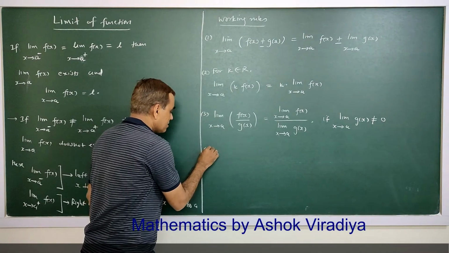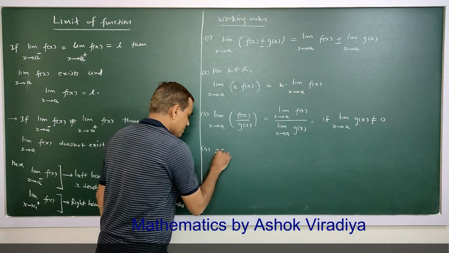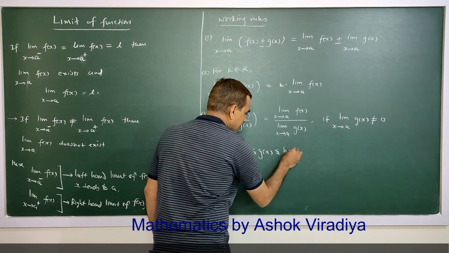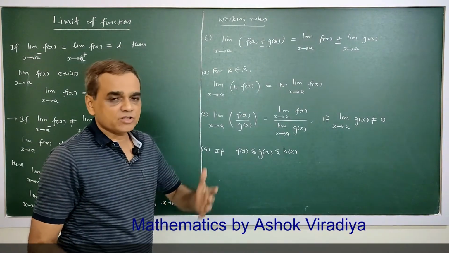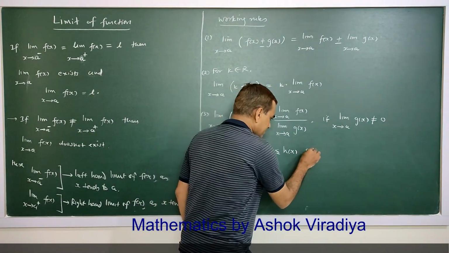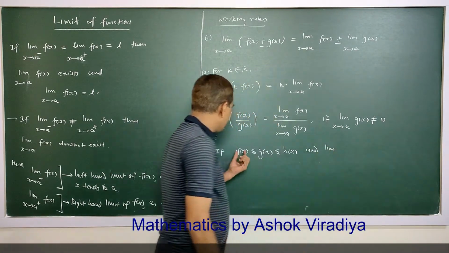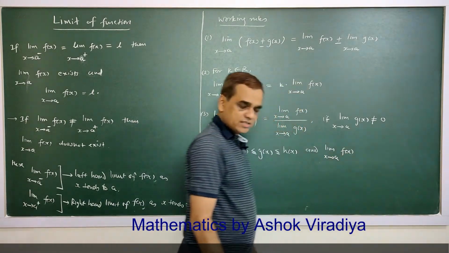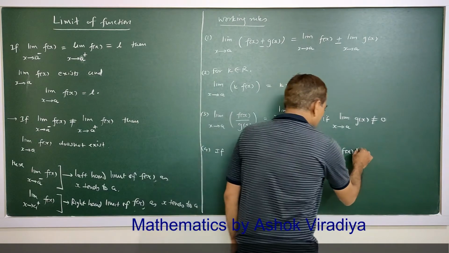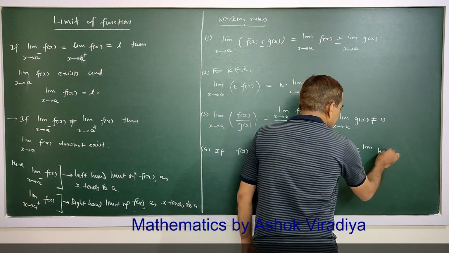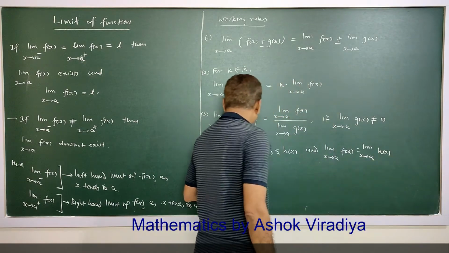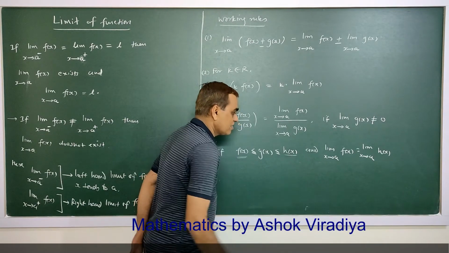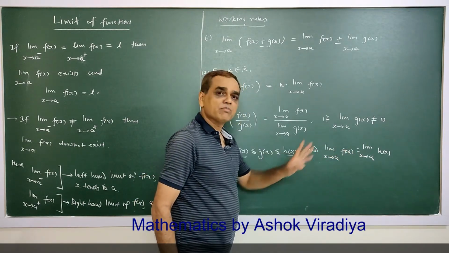Then, if f(x) is less than or equal to g(x) less than or equal to h(x), these are three real functions, and the limit of f(x) as x tends to a is equal to the limit of h(x) as x tends to a, the limit of these two functions as x tends to the same number a.